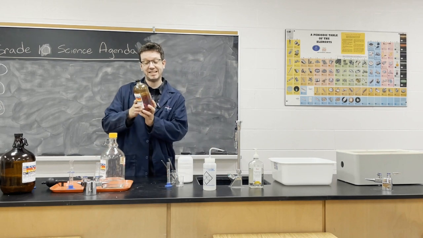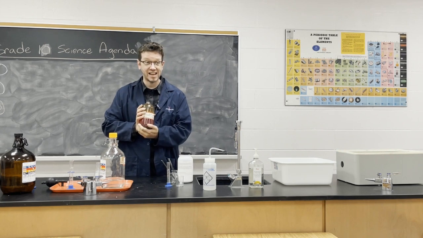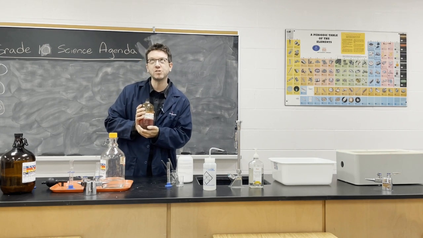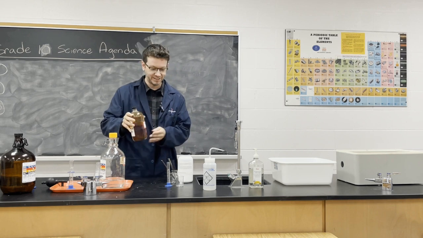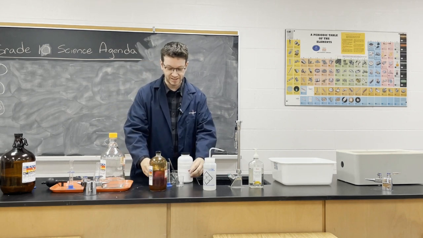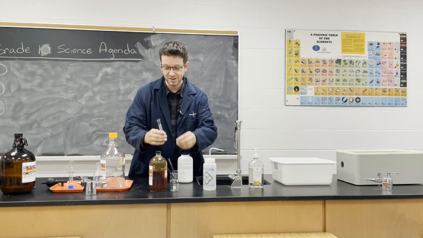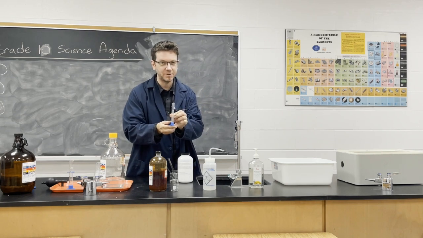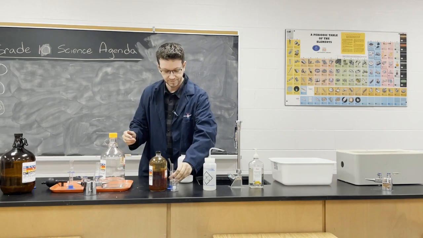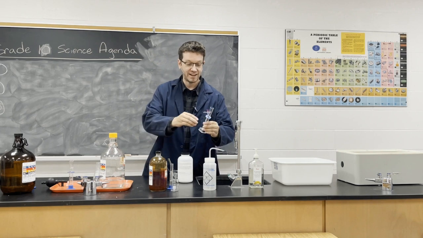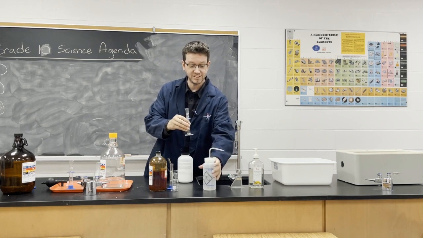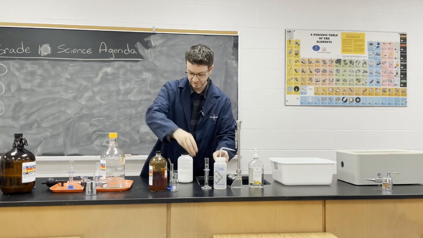Then we have potassium permanganate at a concentration of 0.0005 moles per liter, along with another small beaker, and this is a 10 milliliter graduated cylinder. Then here I have a 25 milliliter graduated cylinder with some distilled water.